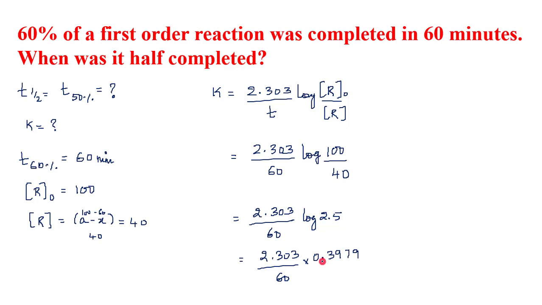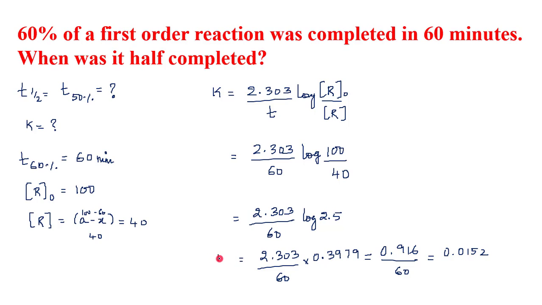So when you solve it, you will be getting 0.916 divided by 60, and you will be getting 0.0152, right?